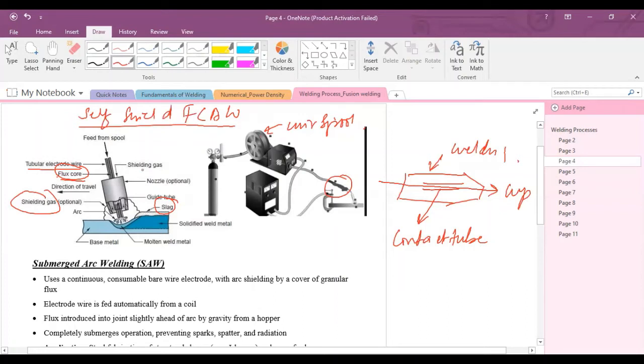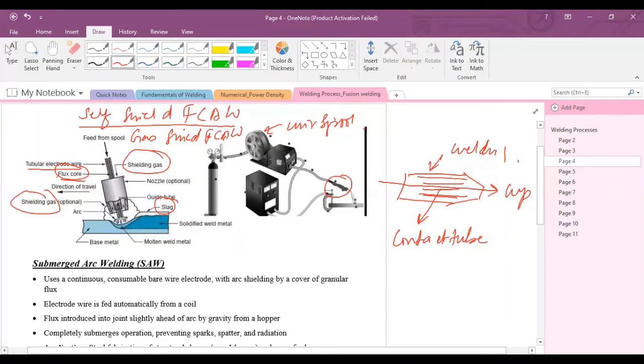Inside this torch there is one passage for the shielding gas. Why shielding gas, and which type of shielding gas is used? There is one more type, gas shielded flux core arc welding. In this type, two kinds of shielding are used.